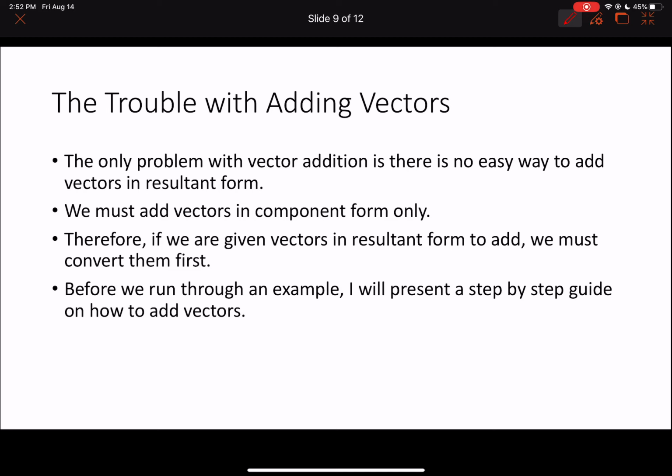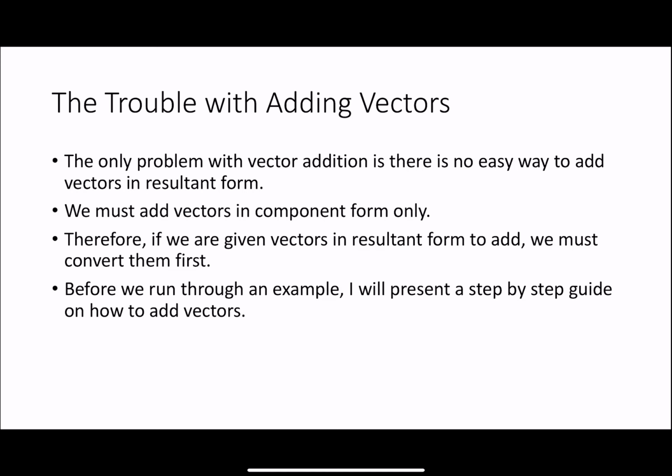And you have to add the vectors, but it's really hard to add vectors in resultant form because they're at different angles, and if you graph them, you're just approximating, so you need to convert to component form. We have to convert our vectors first to component form, because then it's really easy to add them. We just add the components. And then we have to convert them back, because most often I want my answers in resultant form as well.